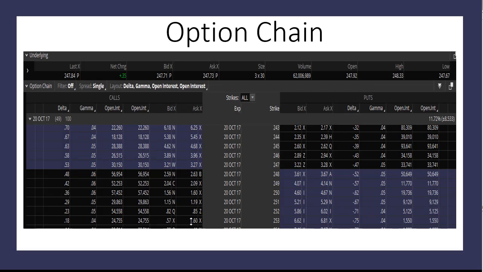Now, by the way, if we take a look at our option chain, if we were to buy this option right here, 70 deltas long on the call option, we're paying $6.25. And if we were to sell this option right in here, about 30 deltas for $1.19, what's the risk in our trade?